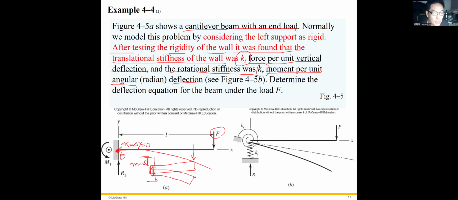However, in this case, suppose the left end support is not rigid like mud. The left end will move vertically, and it will also rotate and have a slope theta. So we have to model this left end boundary condition with two stiffnesses, Kt and Kr, the translational stiffness and the rotational stiffness.